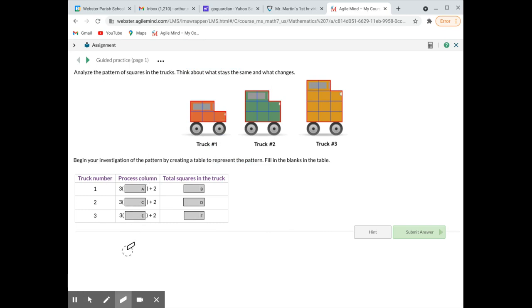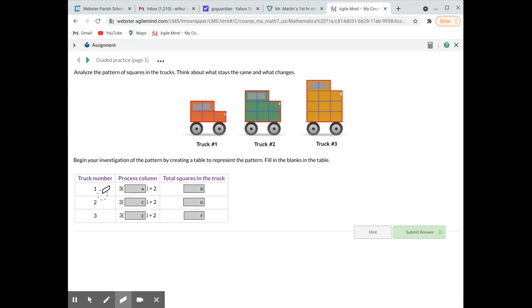So basically, what that means is this is just saying what is the process that's taken place from truck 1 to the total squares in the truck. So when it says column, it's just meaning the middle of these 3 columns. So this is 1, 2, and 3. Okay. So our process column is what takes place to figure out the number of squares in the truck.